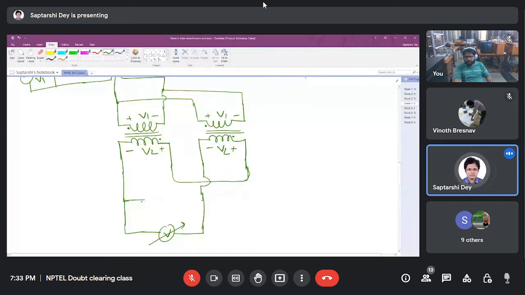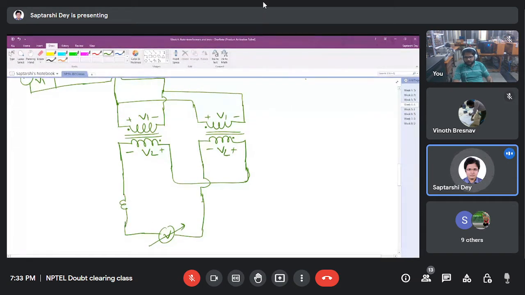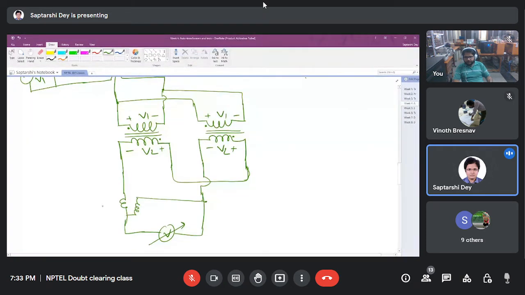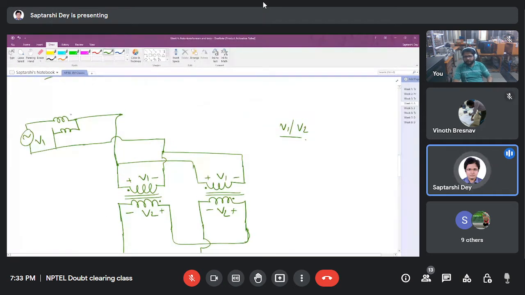Let me draw the wattmeter to avoid confusion. I will have a wattmeter here. Wattmeter means a current coil and a pressure coil. So this is wattmeter 2 and the previous one was wattmeter 1.